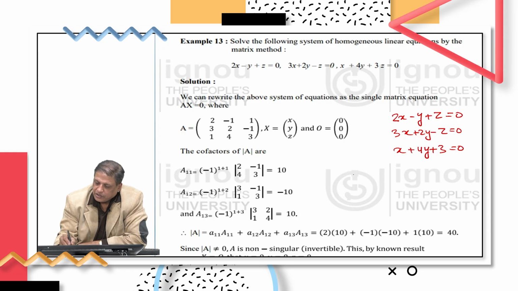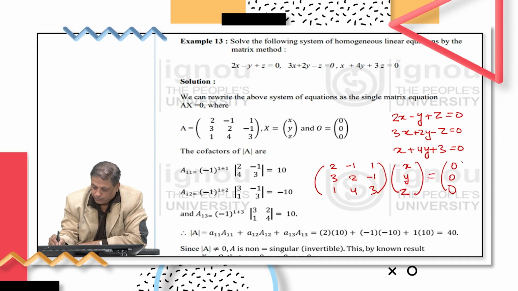So, writing the equations in matrix format, writing the coefficients first: 2, minus 1, 1, 3, 2, minus 1, 1, 4, 3, and then x, y, z is equal to 0, 0, 0. So this turns out to be Ax is equal to 0. So again we need to solve it.